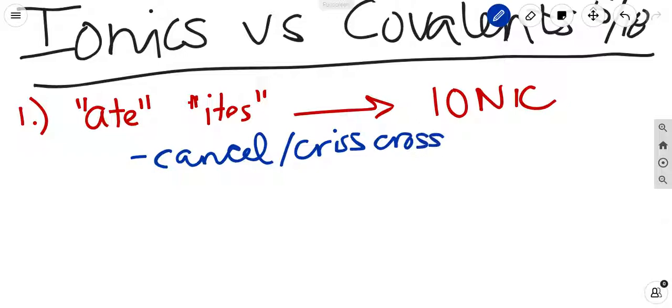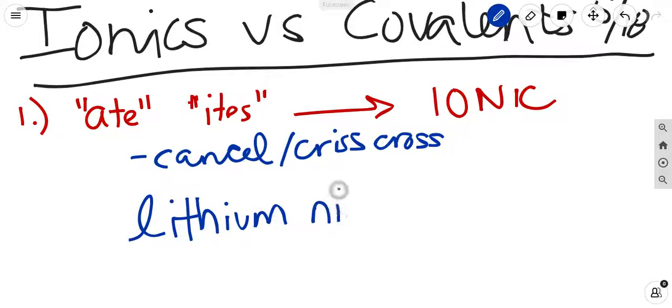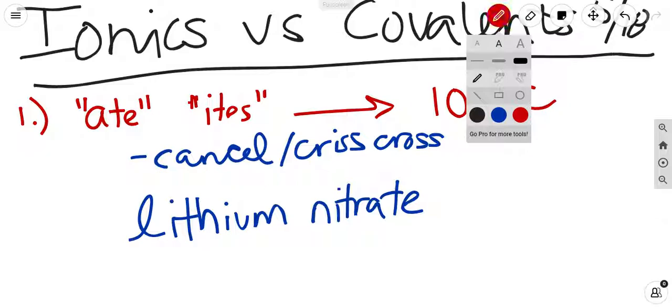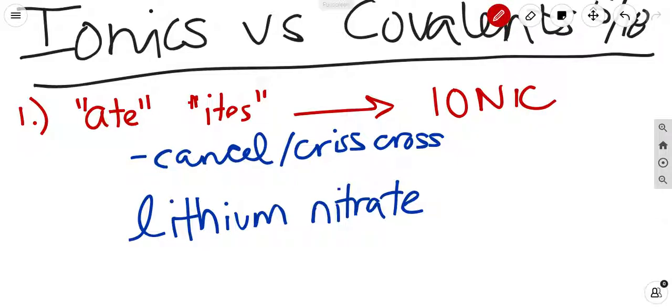So, for example, if you come across something and it says lithium nitrate, the first thing I notice is there are no prefixes. And no prefixes is always going to indicate that it's ionic. The other reason you know it's ionic is it ends in ate.